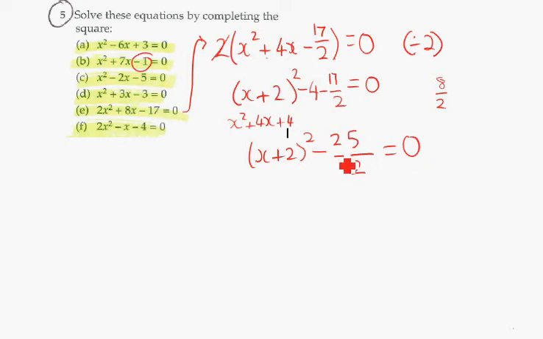So adding 25 over 2 to both sides will cancel it out from the left hand side, and I'll be left with 25 over 2 on the right hand side.